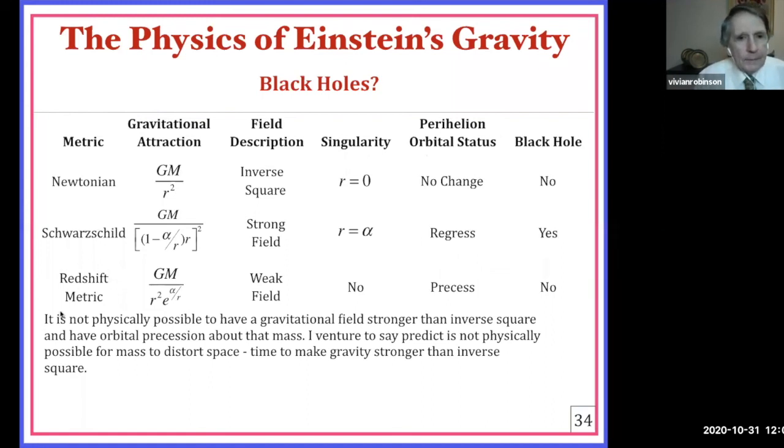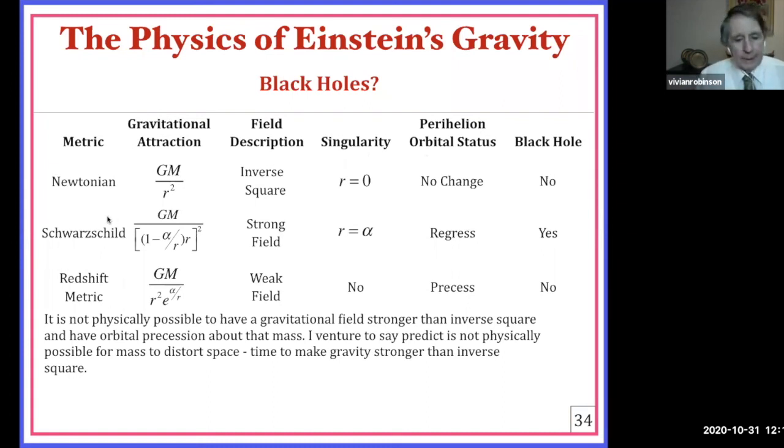This redshift metric produces what's called a weak field solution because it's weaker than Newtonian theory. It does not allow a singularity, but it does allow for an orbit to precess, and it does not allow black holes. Look, it is mathematically possible to derive Mercury's precession from one of the approximations Einstein used in deriving his field equation.